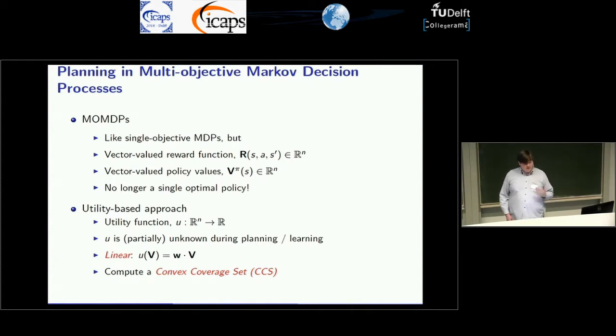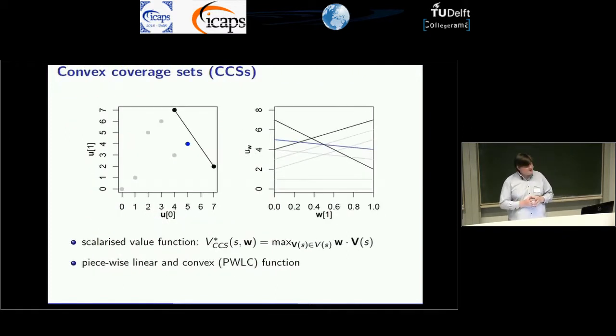If this is the case, then we need to compute what we call a convex coverage set, and that looks like this. If we have multiple policy values as points on the left, then for example in a two-objective problem, if we transpose that and define the scalarized value function as just the inner product with the value of the different policies, then again we get this nice piecewise linear and convex value function on the right.